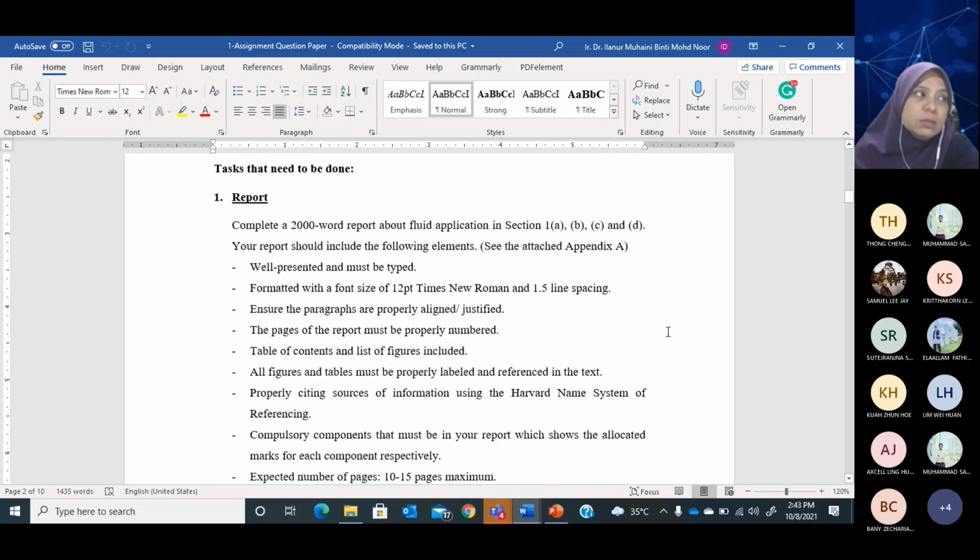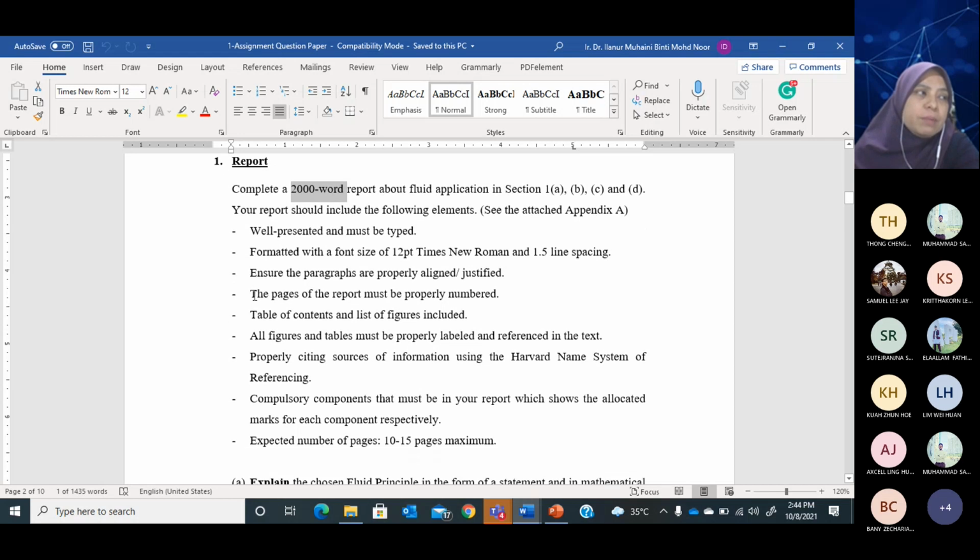And then task to be done, complete a 2,000 word report about fluid application. About only, not necessary. 2,000 word, not necessary. That is estimation.